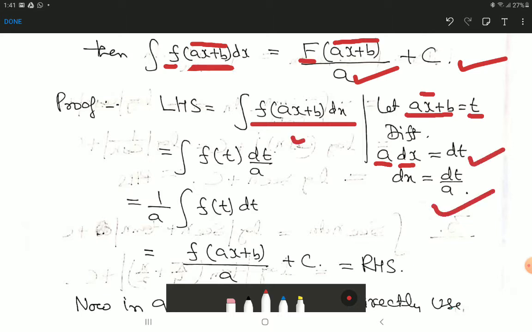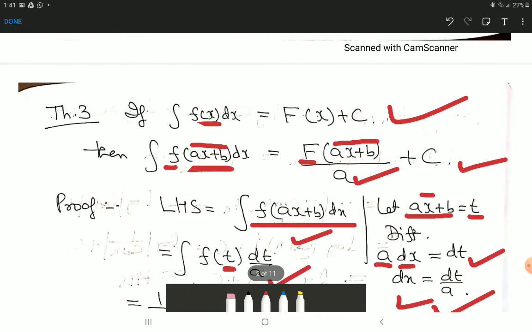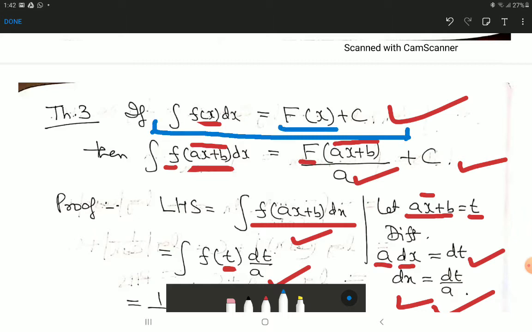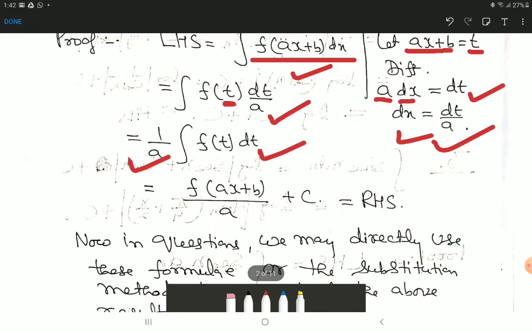So now this question becomes f(ax plus b) has been replaced by t, and dx has been replaced by dt by a. 1 by a is constant, you can take it out. So it is 1 by a integration of f(t) dt. Right? And you know, integration of small f(x) is equal to capital F(x) plus c. Got it? So integration of small f(t) should be capital F(t) plus c.